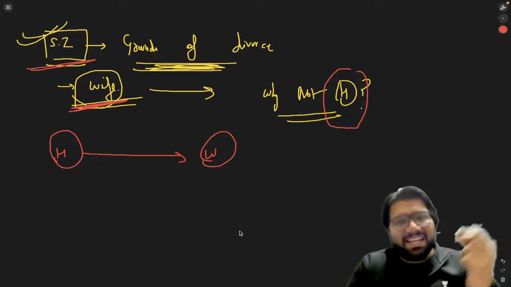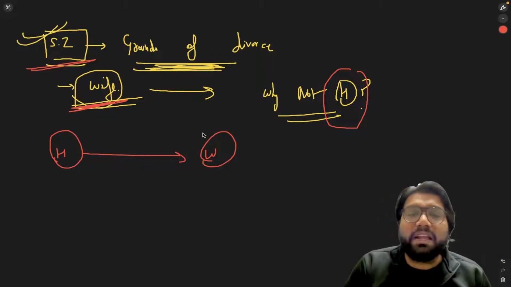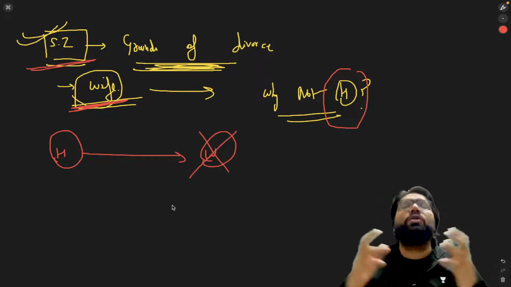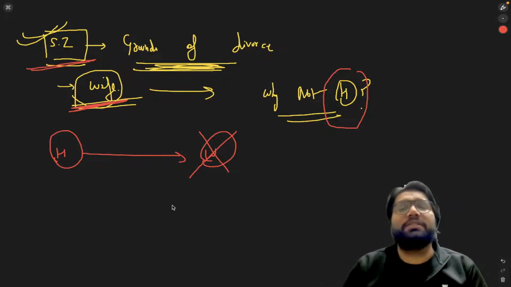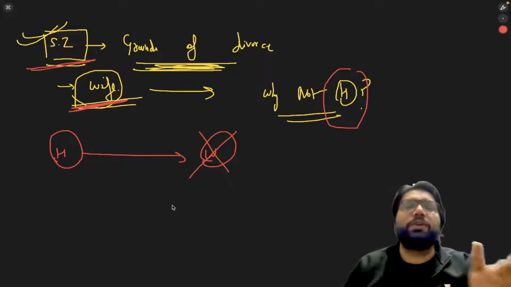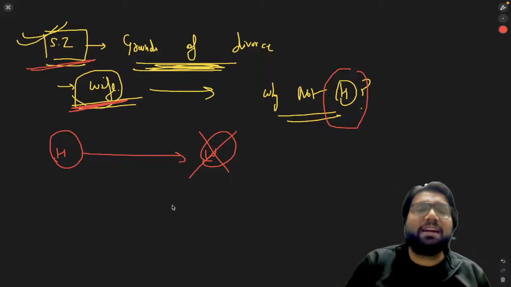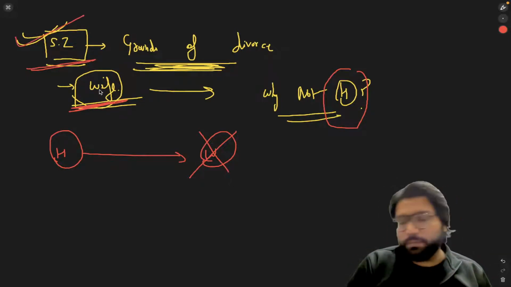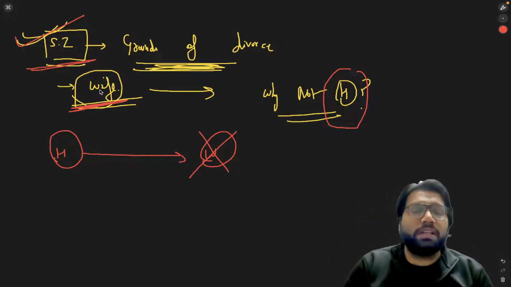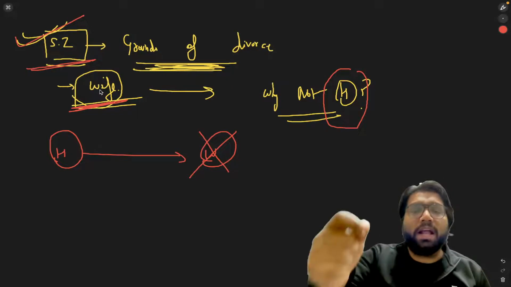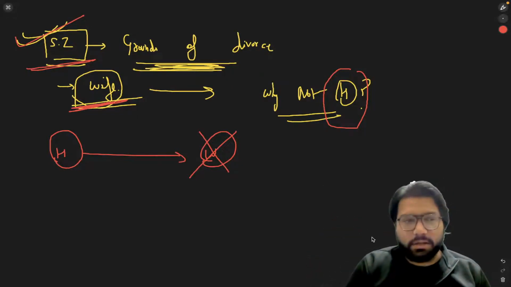Technically, there is no such concept of talaq available for the wife if she wants to give it to the husband. And there comes the role of section number 2. So this was basically the overall introduction of the grounds of divorce. Now we are entering into the details.